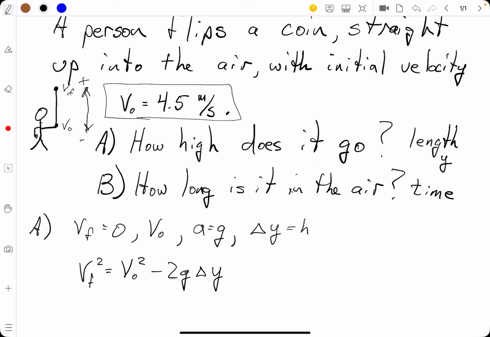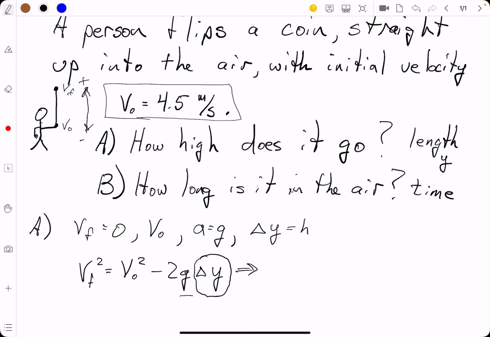If the distance was also down, I'd have this negative and this negative, which would make a positive. But it's not. Up is positive, and a positive times a negative is a negative. So what is that going to give us? We just need to do a little algebra to get this alone.